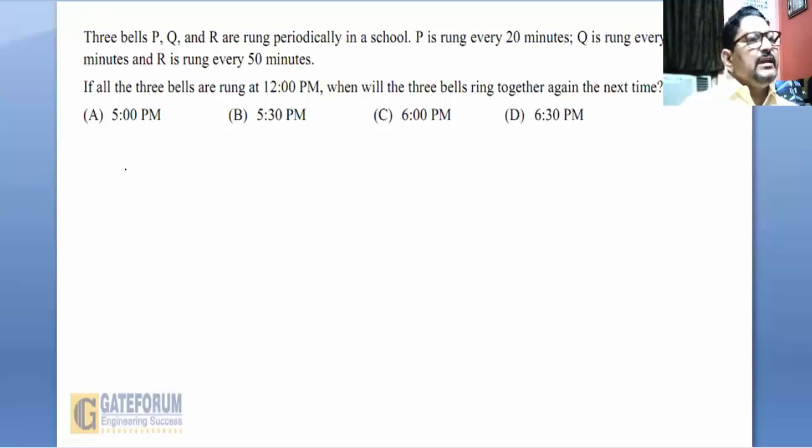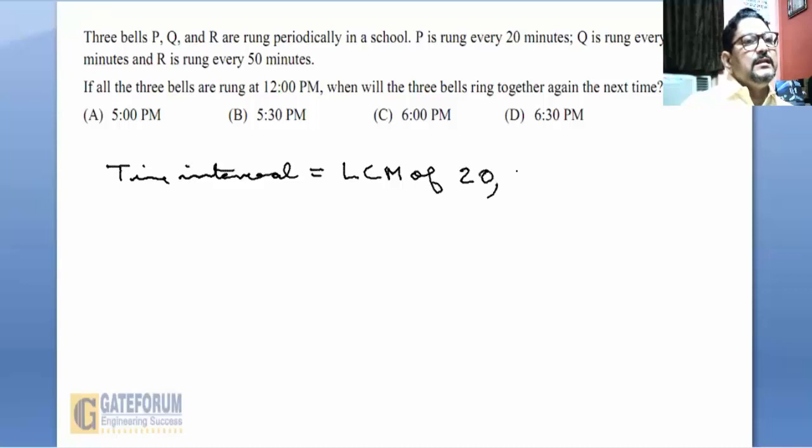Now, to find in such a case the time interval after which all the bells will ring together, that will be given by the LCM of the three times, that is 20, 30 and 50 minutes.